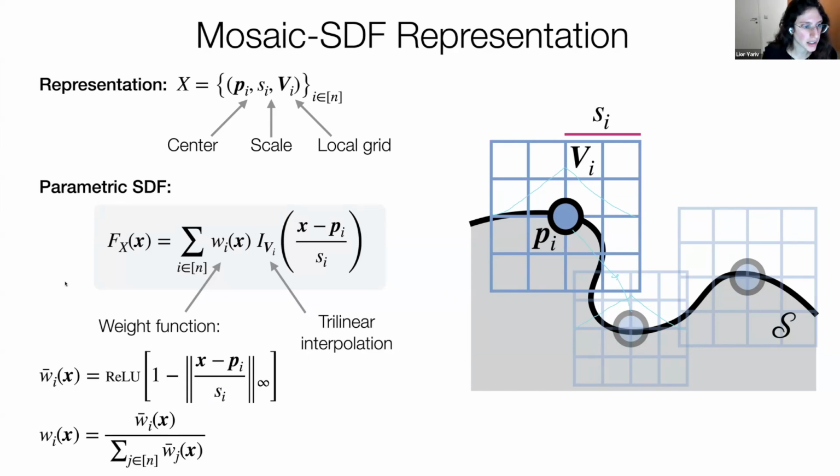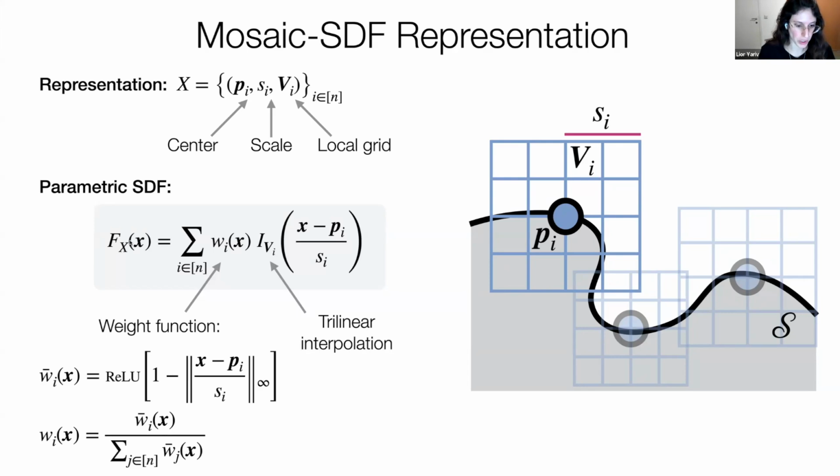Something that is important to say here is that we only care about this global function evaluation. Even if these local functions can be non-SDF, their weighted combination should be an SDF at the end, because this is the evaluation that we care about.